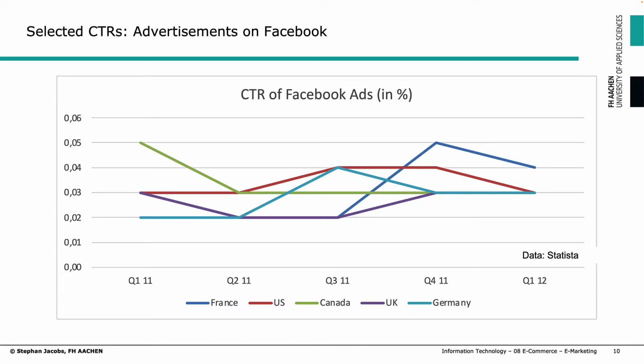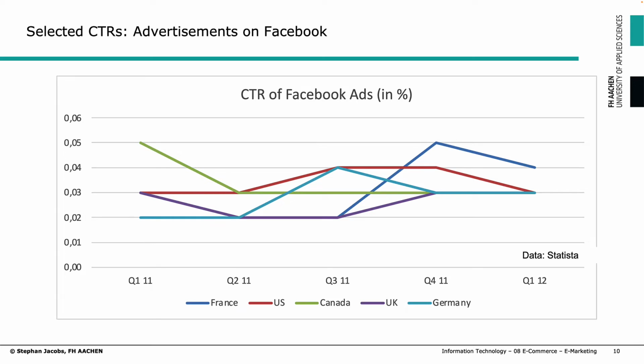But in principle, not too much has changed. First, think about it: if you see a display ad, some kind of advertisement in a web shop or on Facebook, how often do you click on it? Probably not that often. So you can already derive that these click-through rates are not that high.